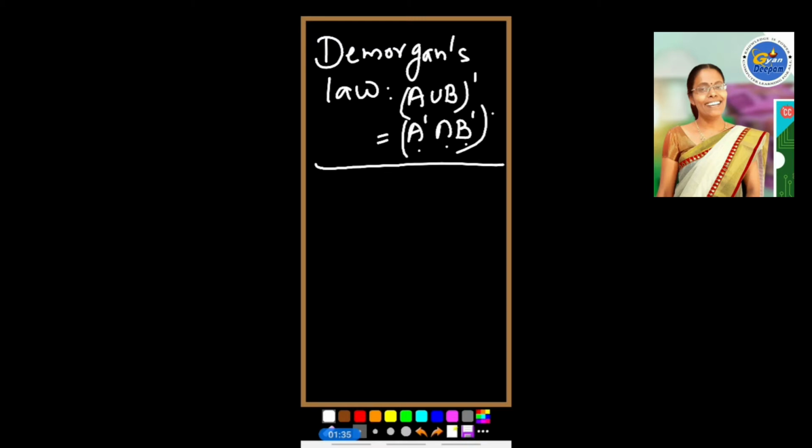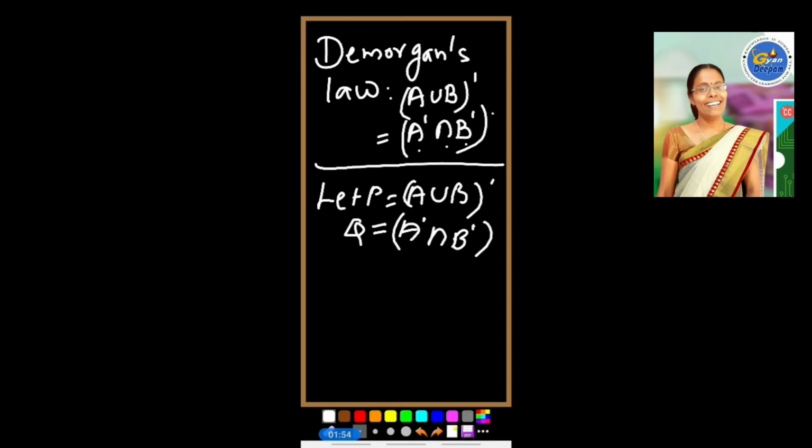For that, my first statement: I'm taking two sets P and Q. Let P equal (A union B) whole complement, that means the LHS of the law. Then Q equals A complement intersection B complement, that is the RHS of De Morgan's law. These are the two statements I am first considering.